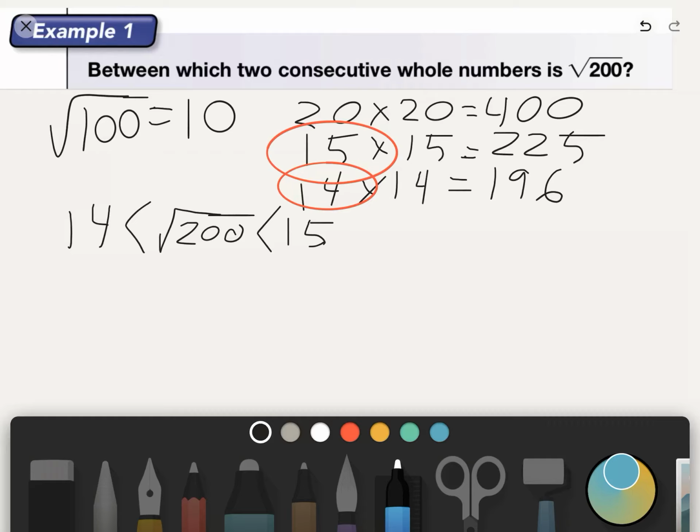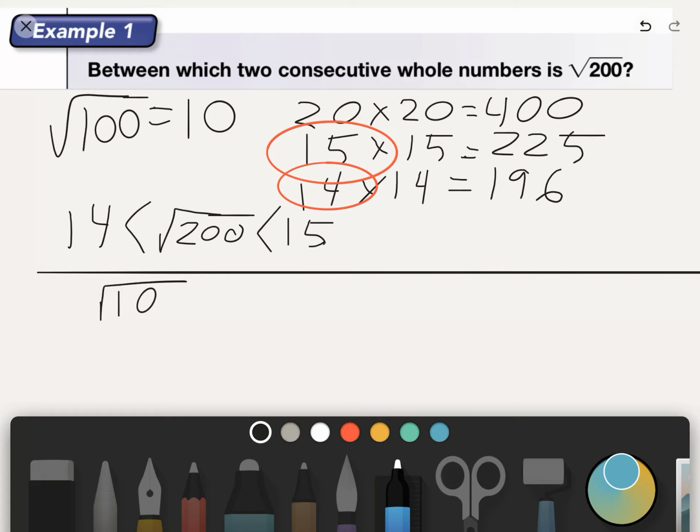And so if we want to bring that down to a smaller example, we could look for the square root of 10 by thinking, well, square root of 9 equals 3, and the square root of 16, which is our next counting one, is 4.